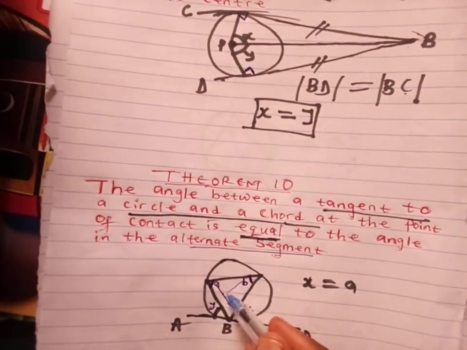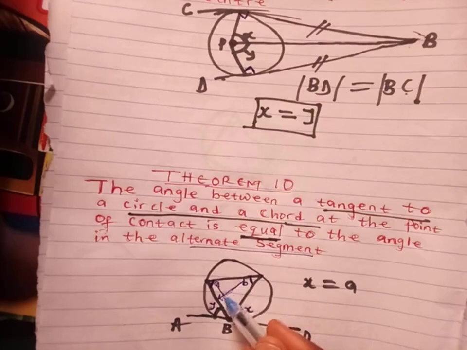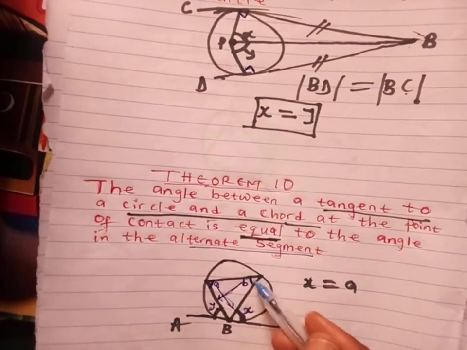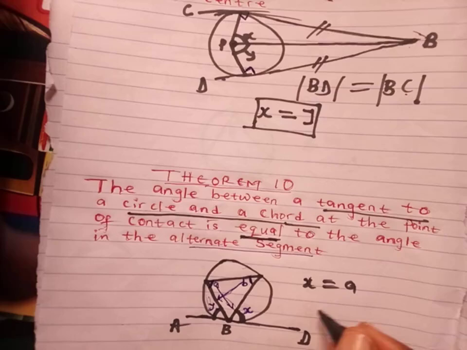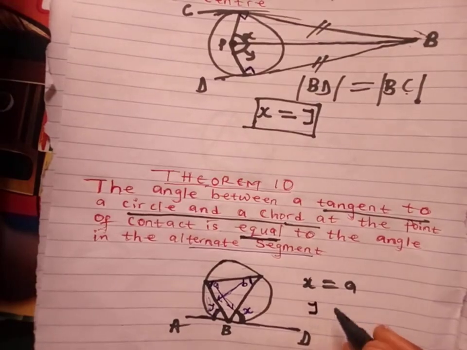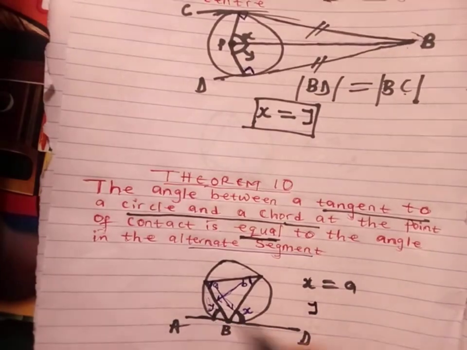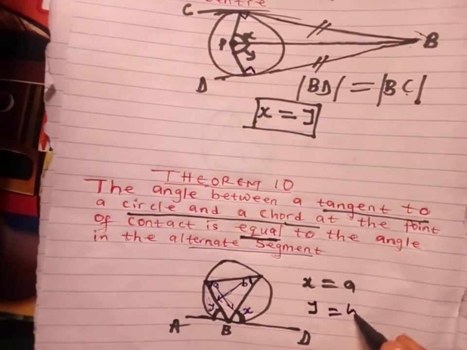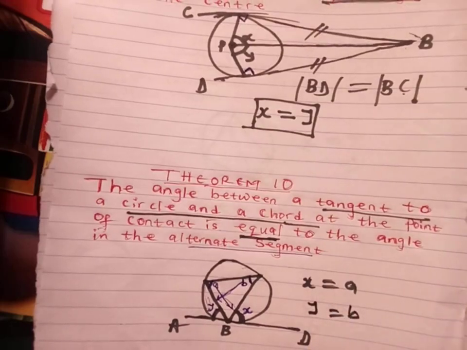This is facing it, this is directly opposite to it. So this is the alternate segment here. These segments are alternate to this very segment here. So it then follows that the angle between the chord and the tangent is going to be equal to B. So this is basically what the law is all about.